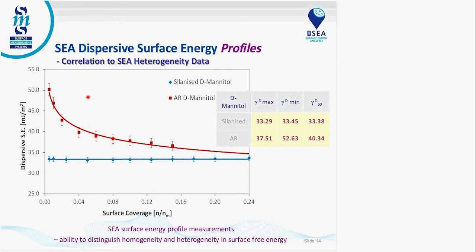This is the reason why we require you to enter the surface area, and then you can get this full distribution. The system is calibrated to do injections at a fixed number of moles, so it makes it very easy to build this heterogeneity profile, which would not be possible by other homemade techniques. You can do it by generating isotherms, but it's a lot of calculations. Everything's built in with our particular SEA.